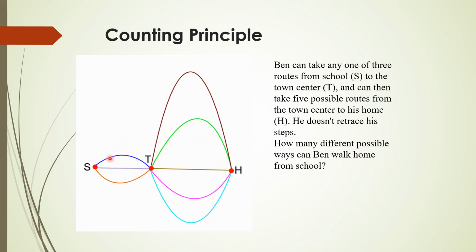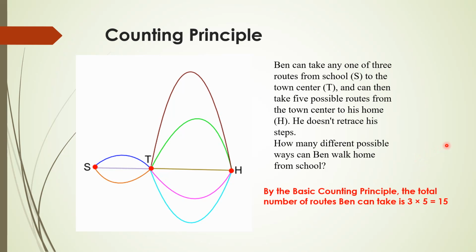Well, let's start counting. 1, 2. Okay, so there's 1 way. Let's say blue, brown. Blue, green is another. Blue, olive green. Blue, pink. Blue, light blue. Then grey, brown, and it repeats itself all the time for each one of those colors.